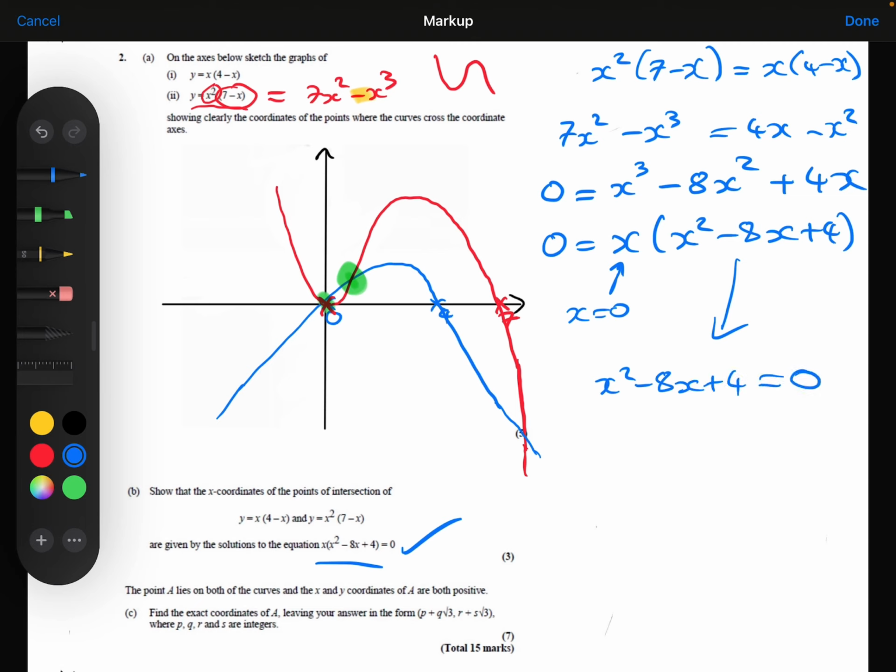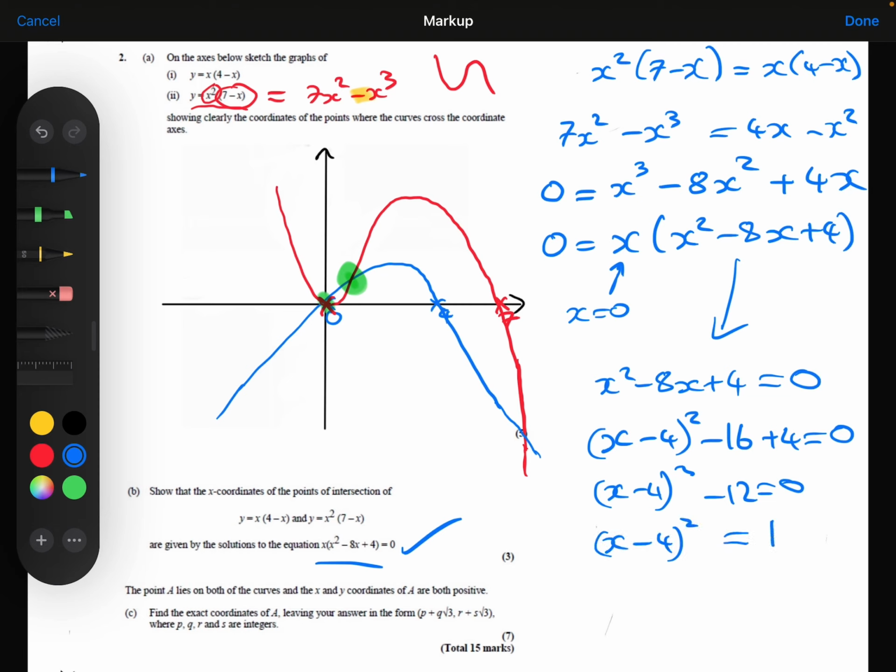We can't use a calculator for this, so we're going to have to complete the square. So x minus 4 all squared, that's just halving the 8. Take away the 4 squared, and not forgetting the plus 4 there. The minus 16 plus 4 is minus 12. Let's now add 12 to both sides. We can square root. So we'll get plus or minus the square root of 12.